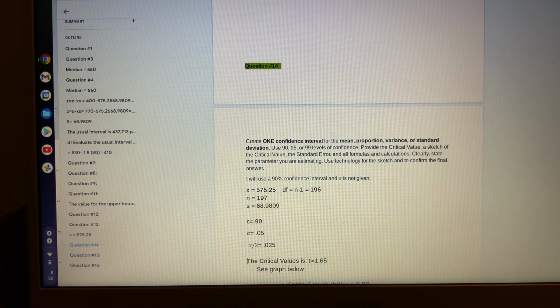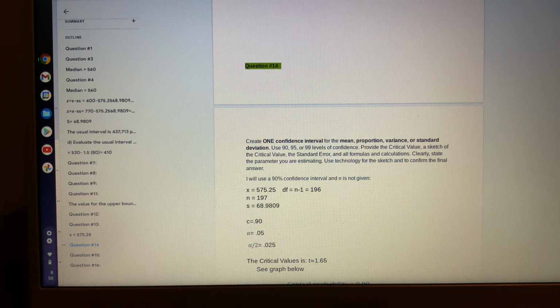At this point, I use the applet, the T distribution inverse calculator that was on week 10 for the class.